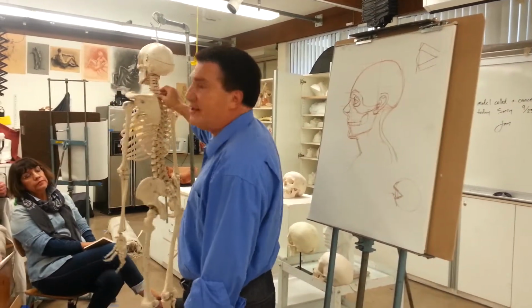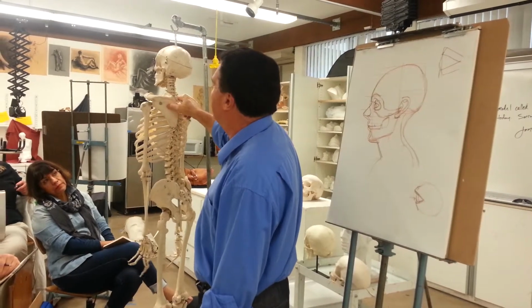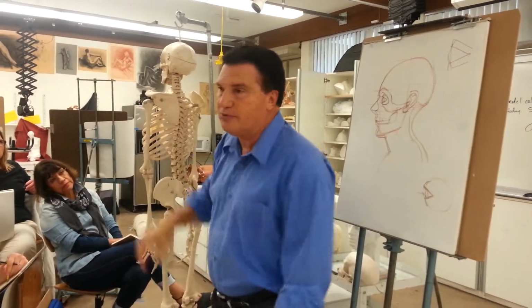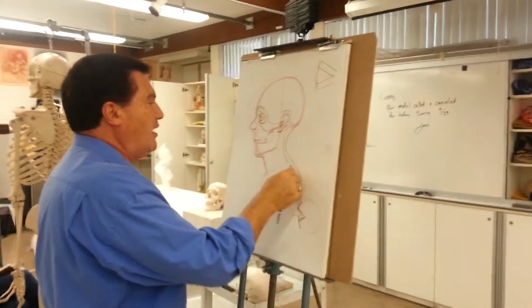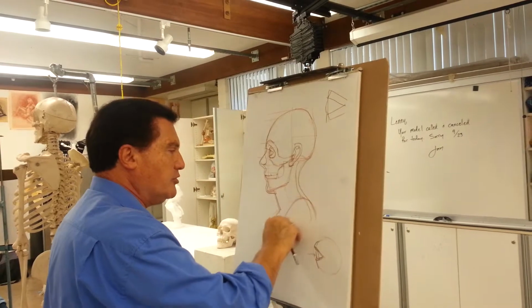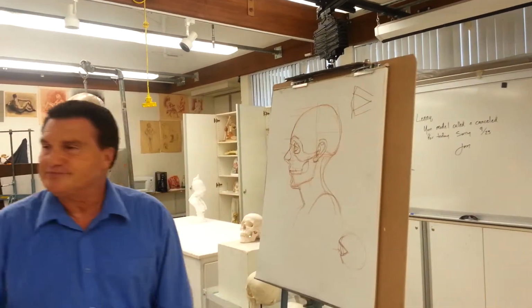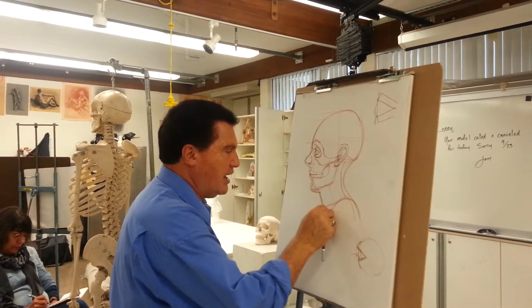So, in terms of the shoulders, if you look at this point, right here, this is where the shoulder begins too. This is the 7th vertebra here, so you see the shoulder starts there. And where's the bone? This is the clavicle here.